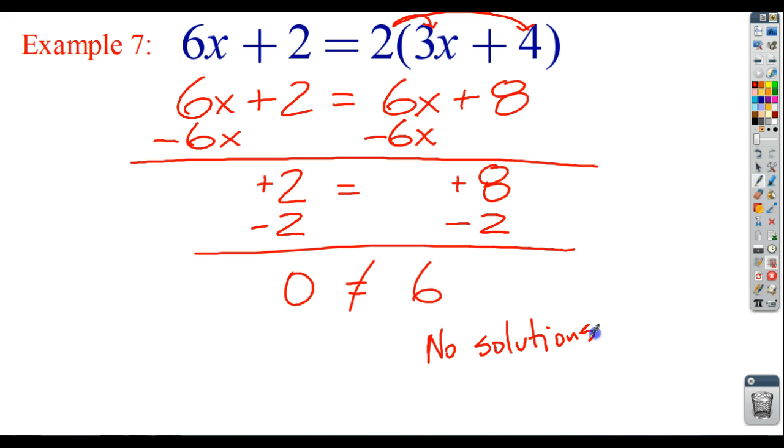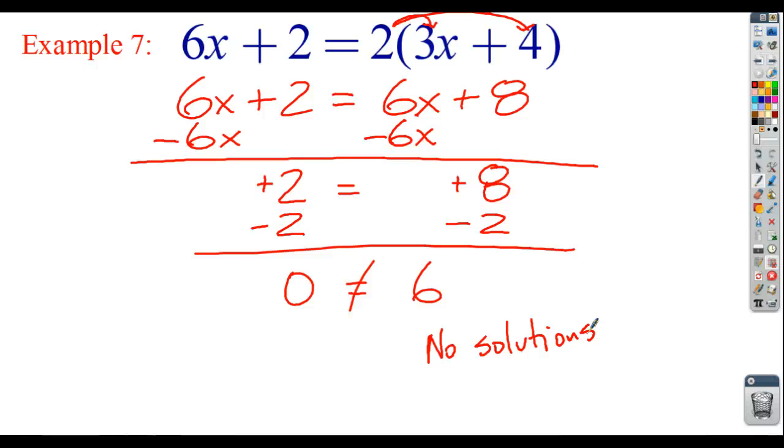That means that no matter what, anything I plug in for x, it'll never work. The left side and the right side will never, ever be equal to each other. You can think of it this way. If you and your friend are standing next to each other and you have the same amount of money, and your friend finds $5 and you find nothing, you don't have the same amount of money anymore.